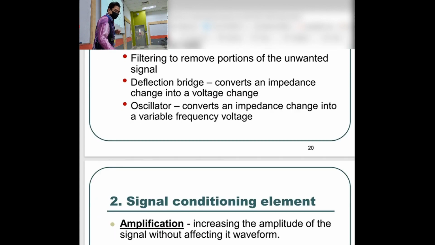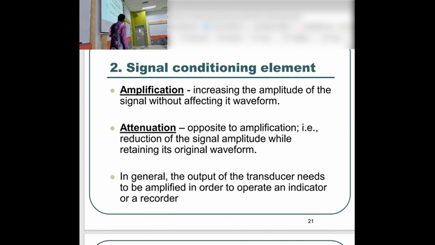Okay, this is about signal amplification. Either we amplify or we attenuate. Usually we see an amplifier. Usually we amplify the signal because the smaller the sensors, the less voltage they require, very little voltage. So the signal also gives very small voltage.